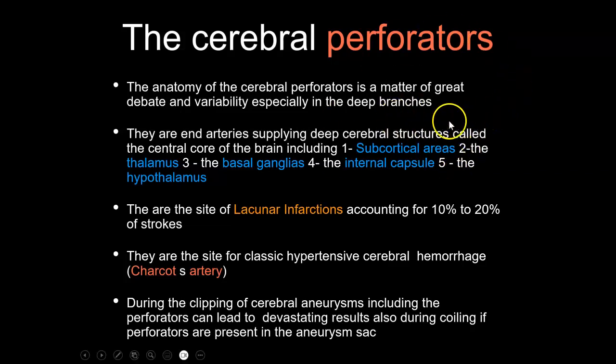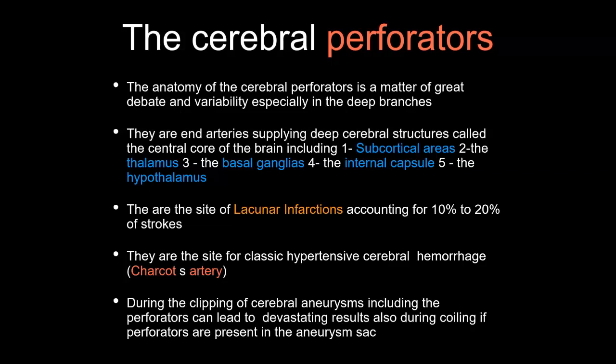We talk about the internal capsule and subcortical areas, like the corona radiata. So: internal capsule, subcortical areas, thalamus and hypothalamus, the basal ganglia, and the brainstem. These are the deep structures of the brain supplied by these perforators.